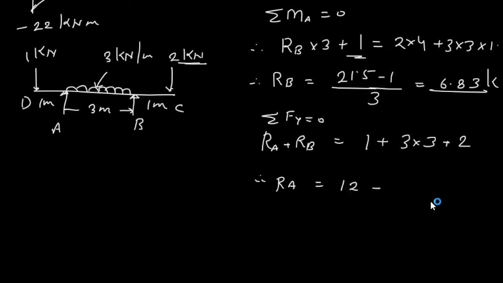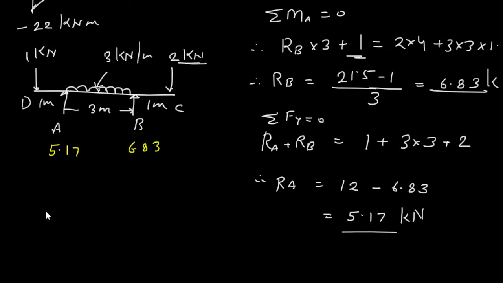The value of RB is what, 6.83. So 12 minus 6.83 is 5.17 kilonewton. Okay, so we have RA. The value of RA is 5.17 and the value of RB is 6.83. Okay, I will draw SFD first.